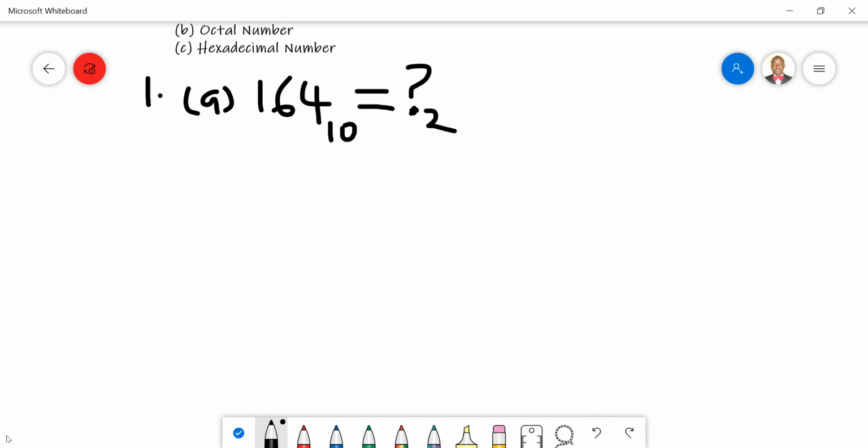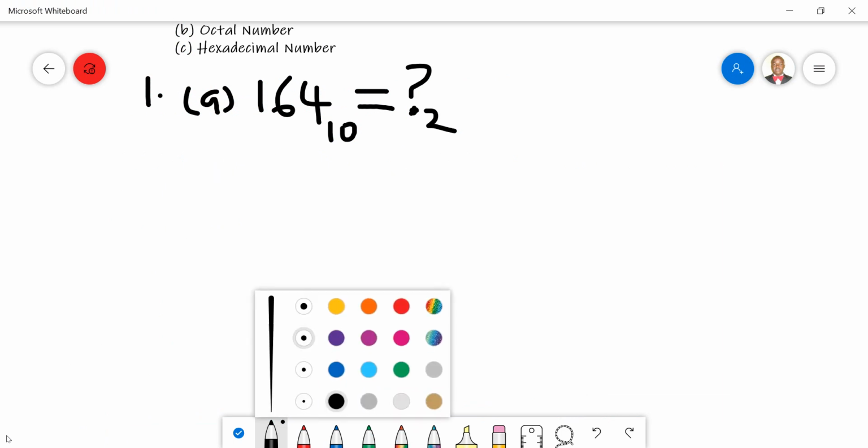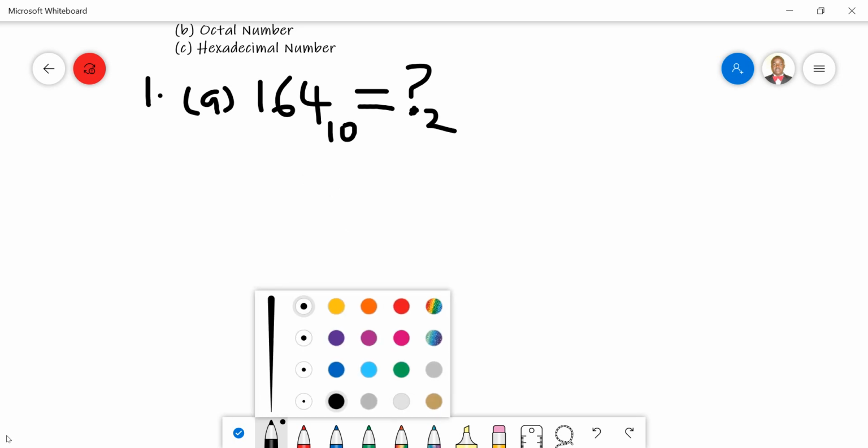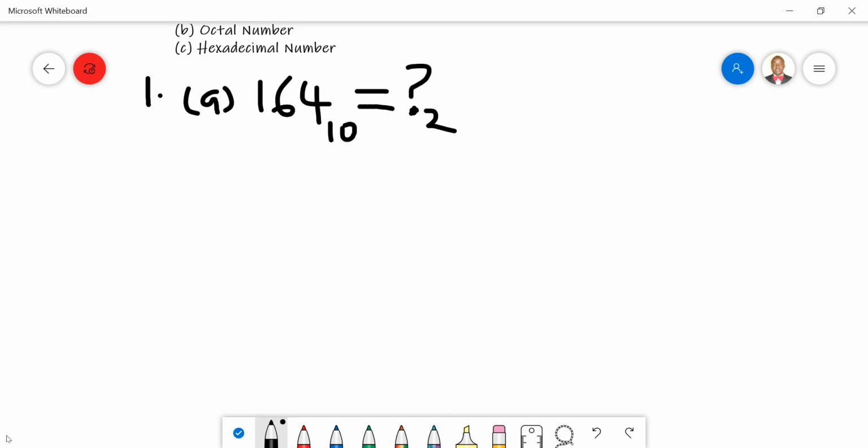This is how you do it. Let me try to make it simple. So here you are answering this question. It means that you will say we have 164. Let me change the size, I want it to be big so that everyone will be able to see.